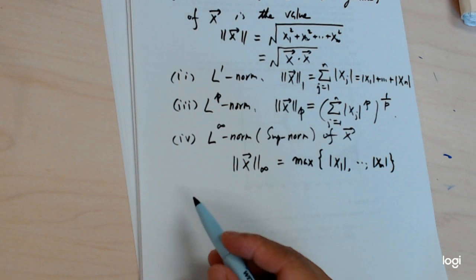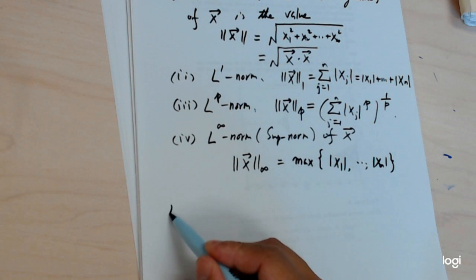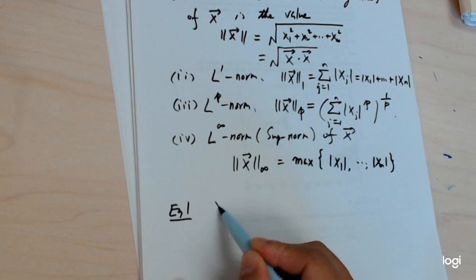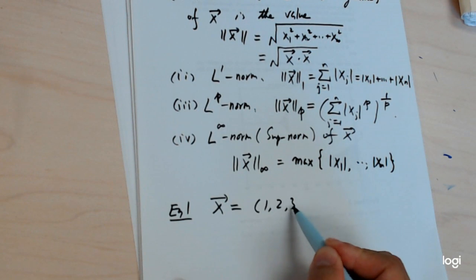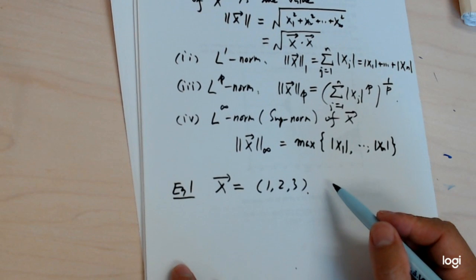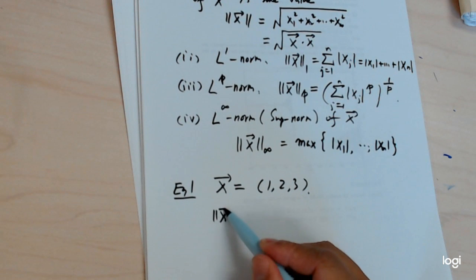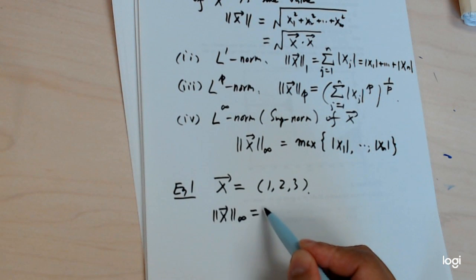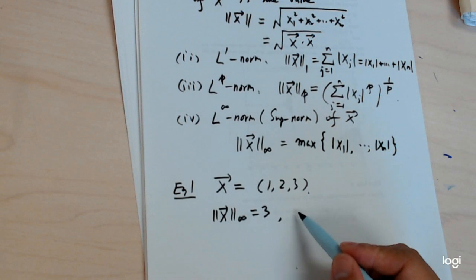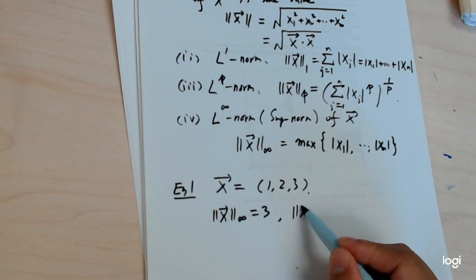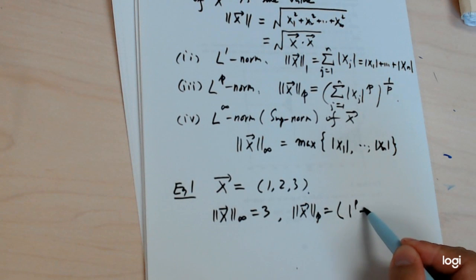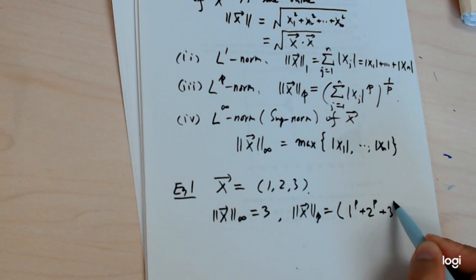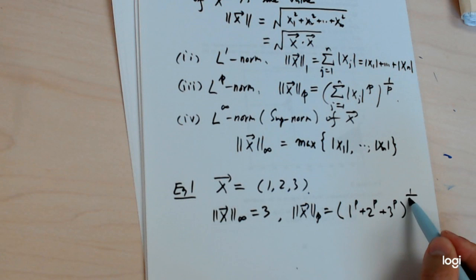Okay, let me give you a simple example. Let's say we have a vector given by (1, 2, 3). Its infinity norm is obviously just 3. The p norm is 1 to the p, 2 to the p, and 3 to the p, and then to the power of 1 over p.